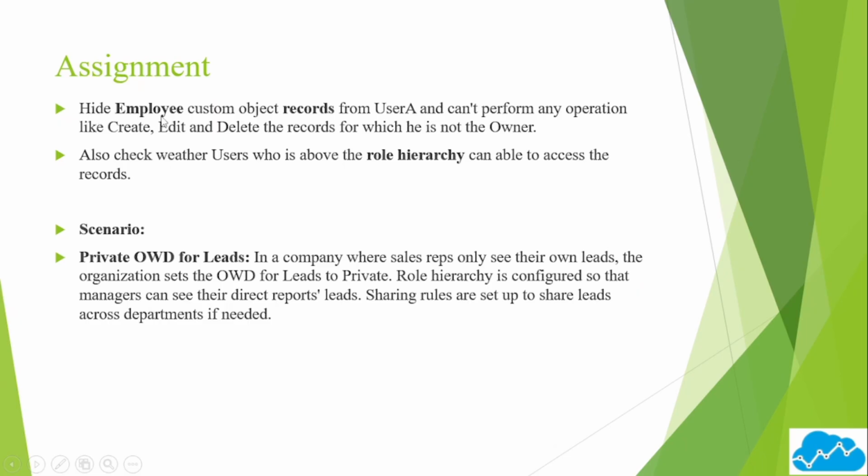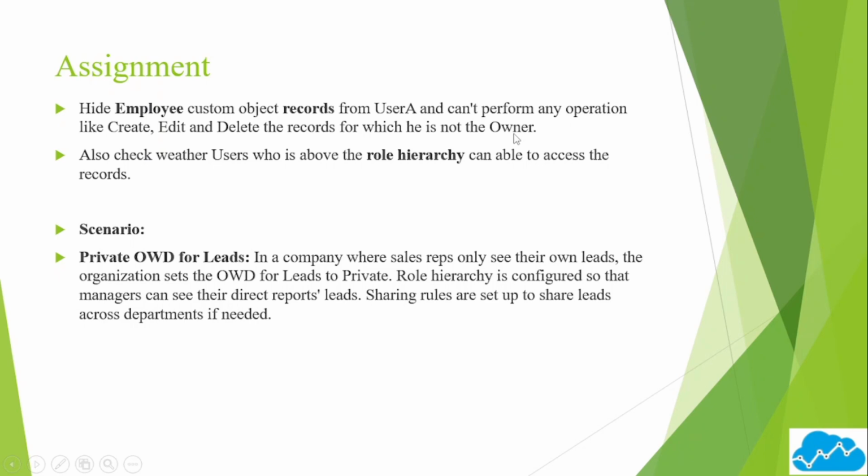So hide employee custom object all the records from user A. From user A we are not able to see any records and can't perform any operation like create, edit, delete the records for which he is not the owner.